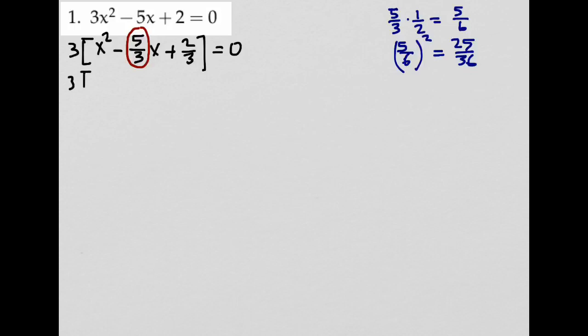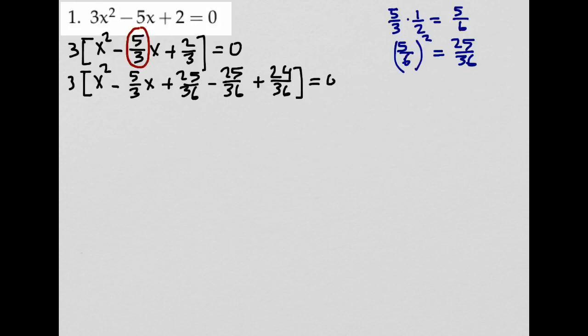That's 3 times x squared minus 5 over 3x plus 25 over 36 minus 25 over 36 plus 2 over 3, which I can write as a fraction over 36 as 24 over 36, all equals 0.